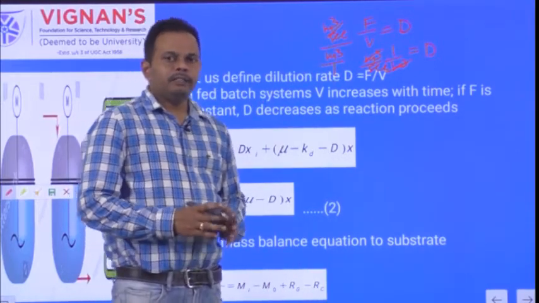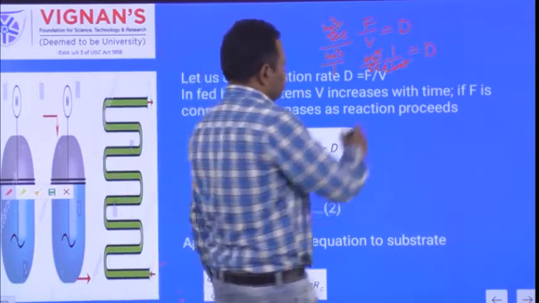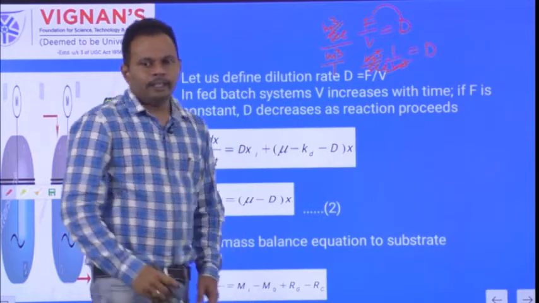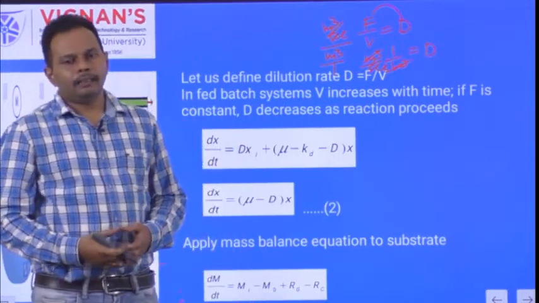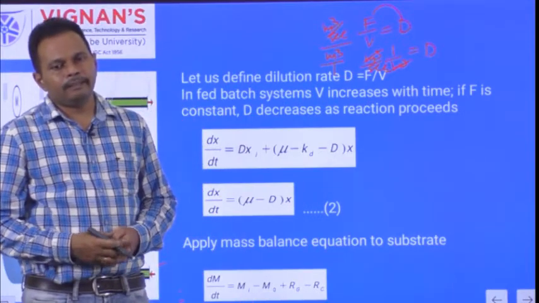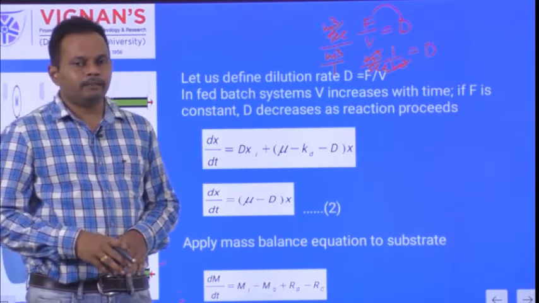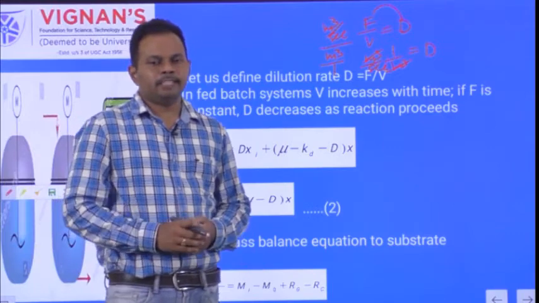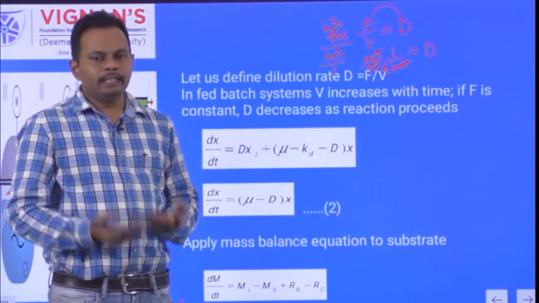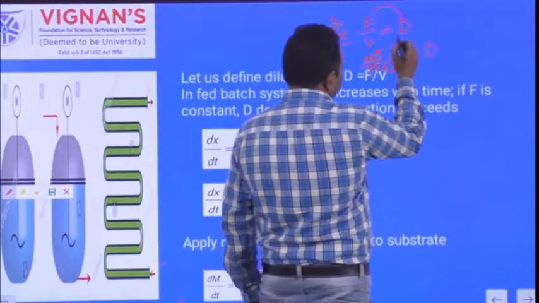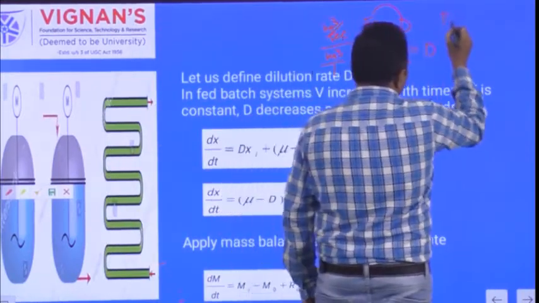The dilution rate and F are directly related to each other. When you increase the dilution rate, F also increases, and when you increase F, D also increases. But with constant F, when you maintain a constant flow rate with respect to time, V increases, that is, the volume of the reaction mixture increases. When V increases, D decreases, since D and V are inversely related.